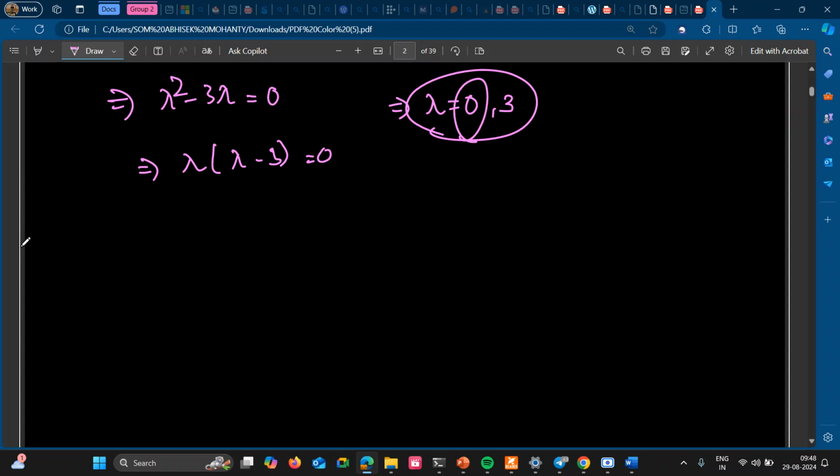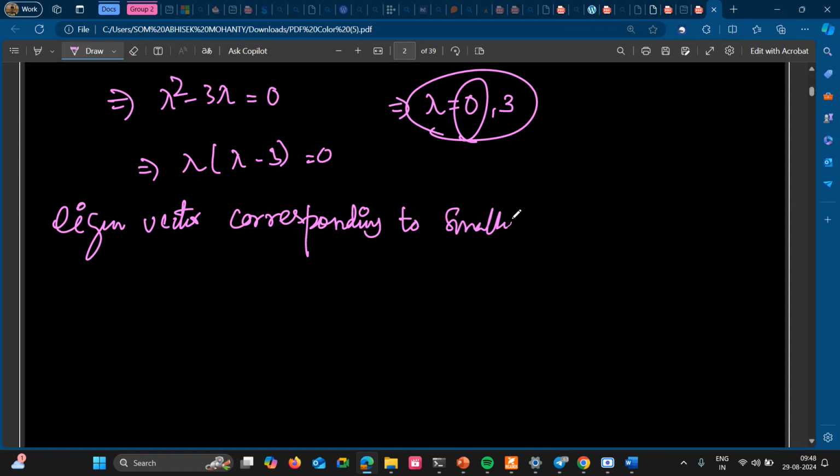So let's calculate the eigenvector corresponding to the smallest eigenvalue 0. I'm just writing it for your sake. The smallest eigenvalue, that is 0. So how to calculate the eigenvector?